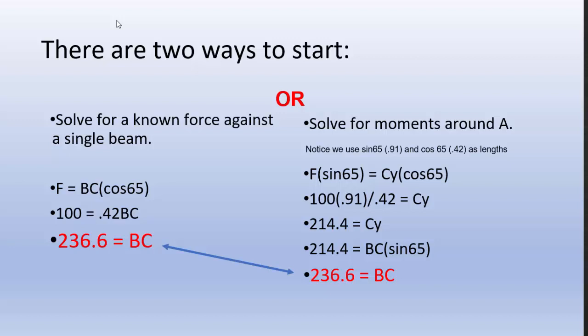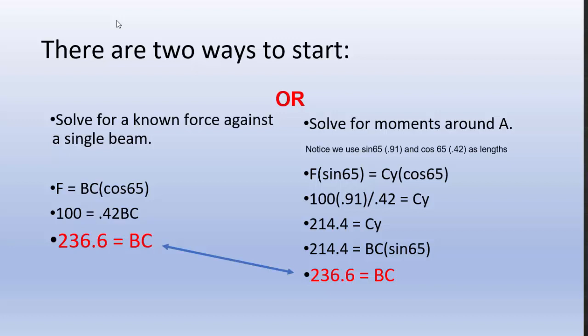Since they're both a decimal value, the ratios are going to work out right. So I'm just going to go ahead and use those sines and cosines as decimal value lengths. So 100 times 0.91 divided by 0.42 equals C of y.